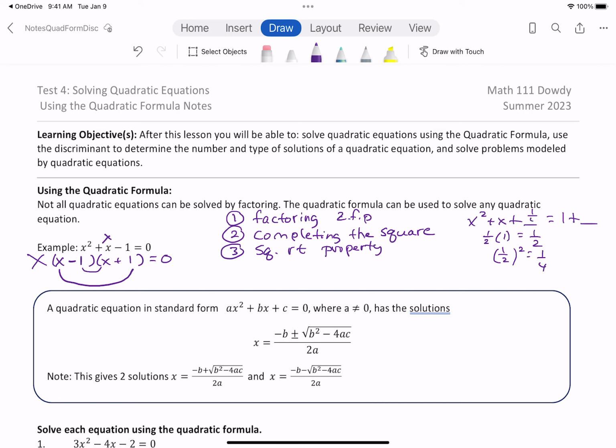And that's what I would add here and here. And I think you can see the complication. It's not that it can't be done, but if you're like me, you're not going to want to deal with those fractions if you don't have to. So the quadratic formula is something that we can do in these instances.